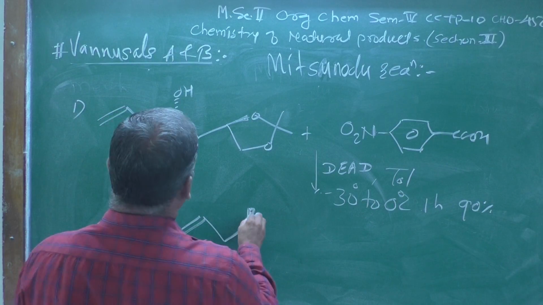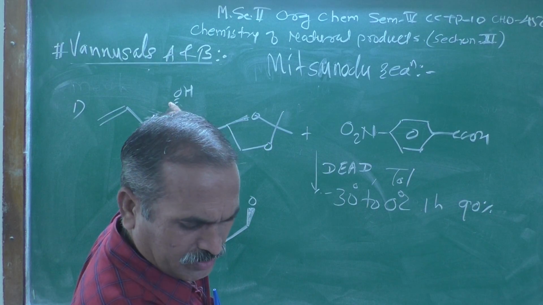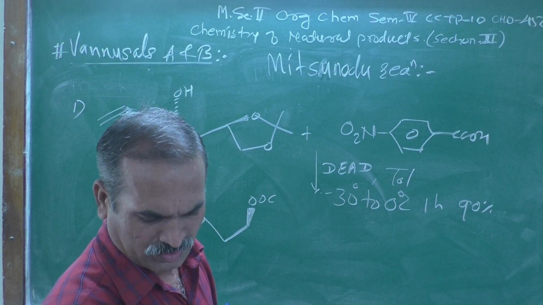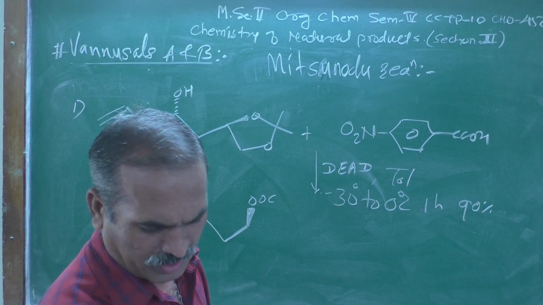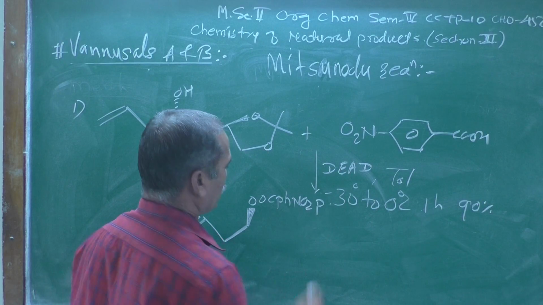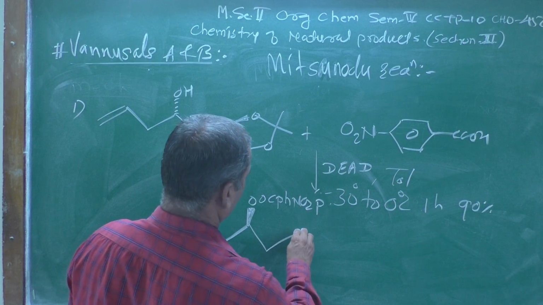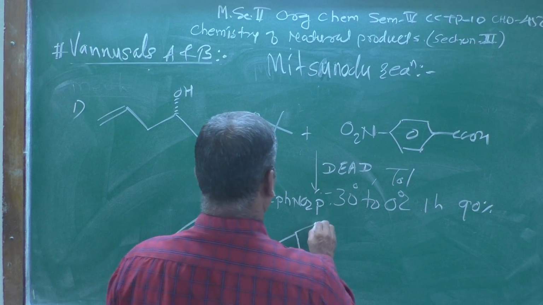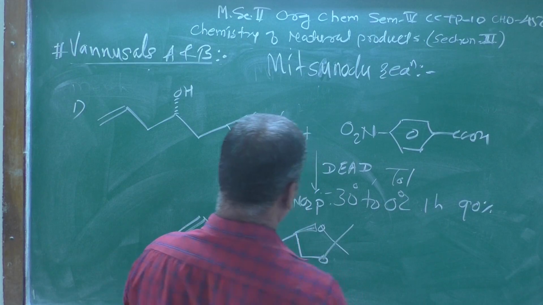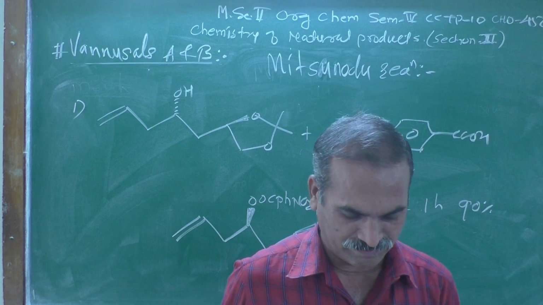Here only this is below the plane, this should be above the plane, O, then OC, pH NO2P, pH NO2P. So, this is the group which is present over there, and we are getting here O, then this one, that is the product which we got after the addition of this reagent.